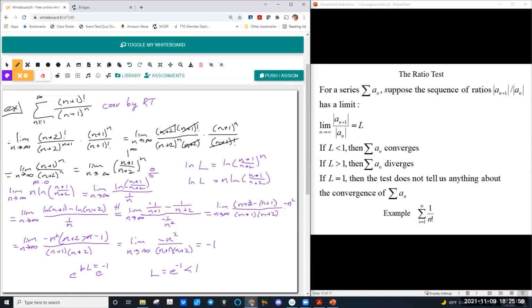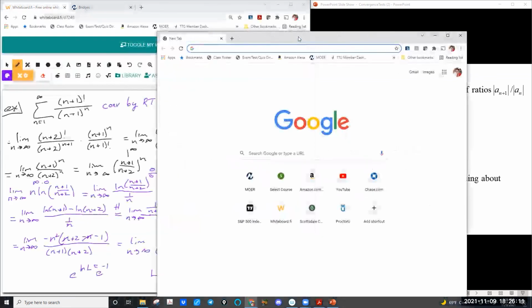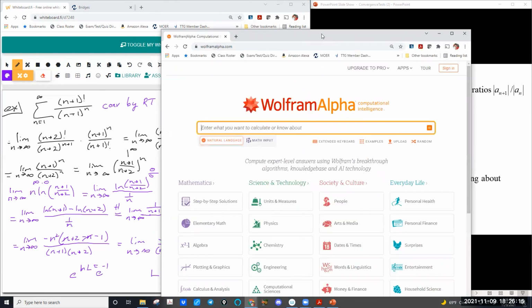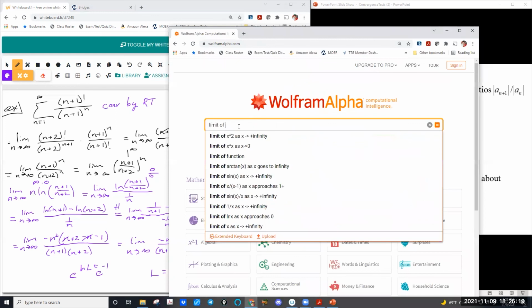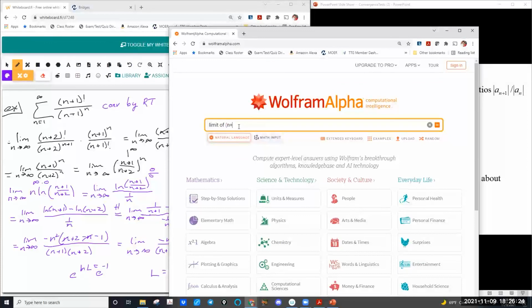Now, one of the things you can do as you're going through homework is you can use other means to help you calculate limits. What do I mean by that? Well, Wolfram Alpha can calculate limits. So limit of, let's see how we do on here. So this was the limit that we had to take right there.